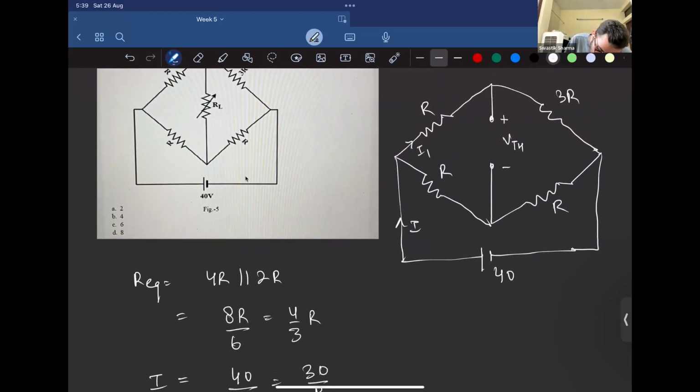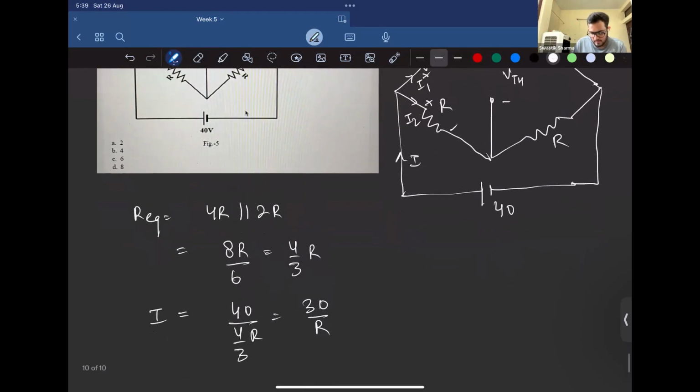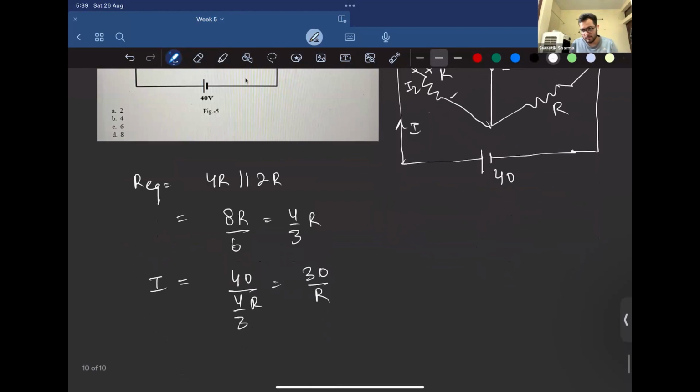So can you quickly tell me what is the value of I1 and I2? It's 4:2, right? So what would be the value?